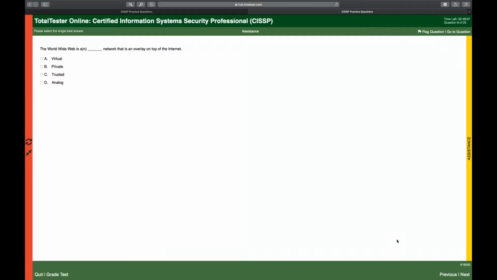Number 8, the World Wide Web is a blank network that is an overlay on top of the internet. Yeah, I think this is pretty simple.